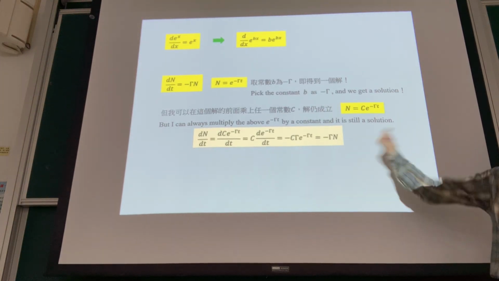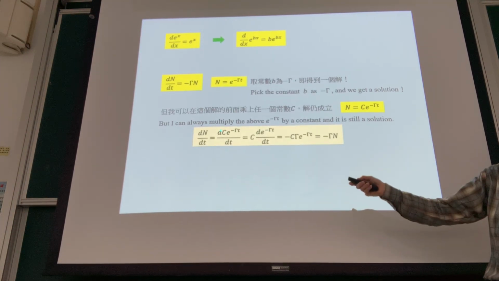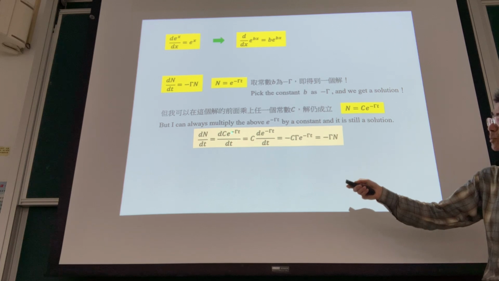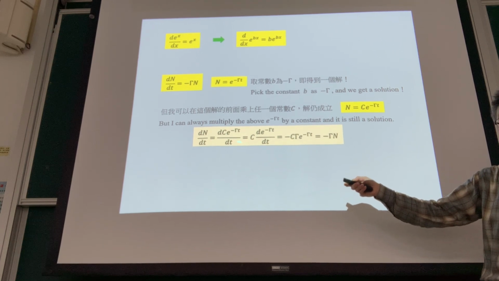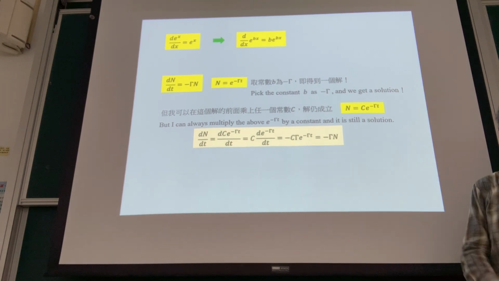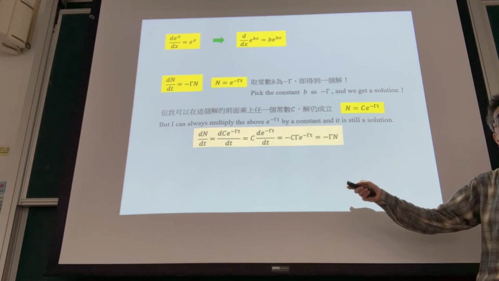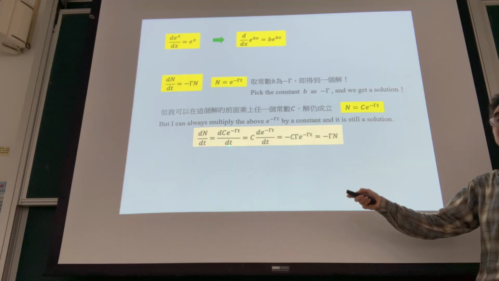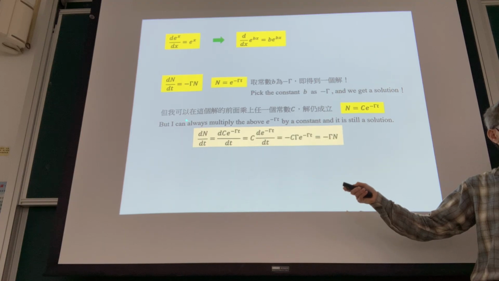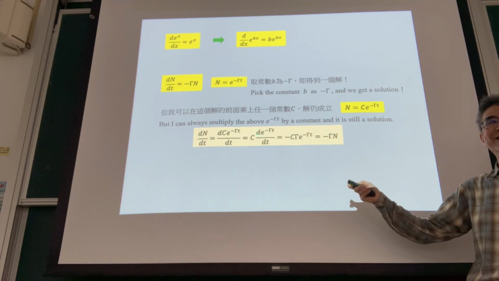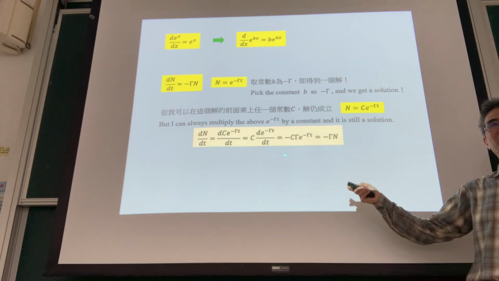Just look at this derivation. If we plug in c times exponential of minus gamma t instead of exponential of minus gamma t, the additional constant you multiply does not take any derivative because it's a constant. So it immediately factors out of the derivation.